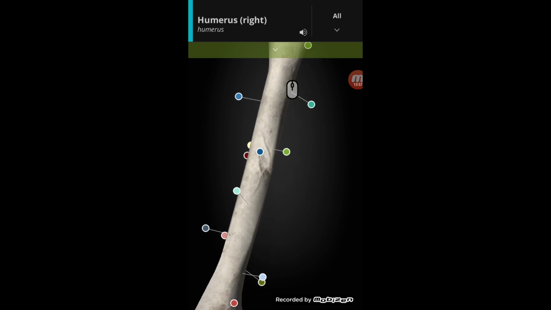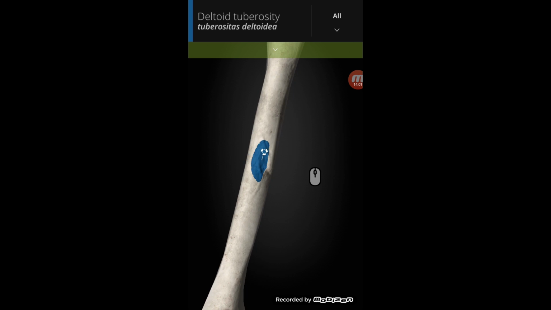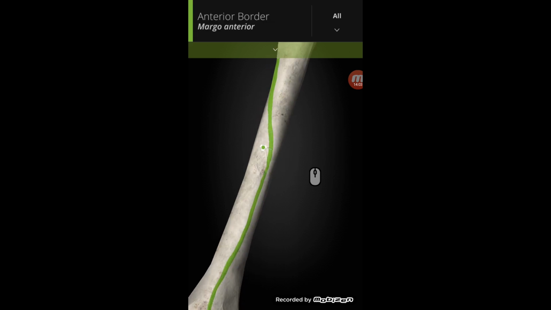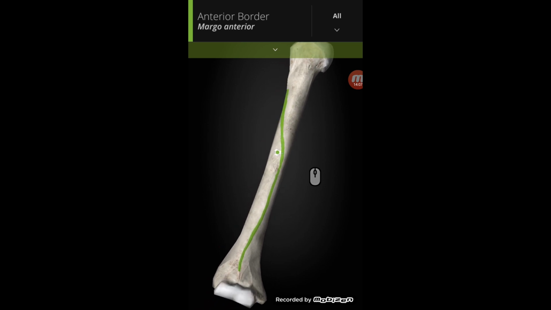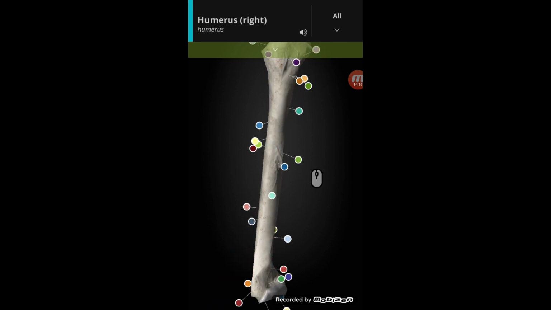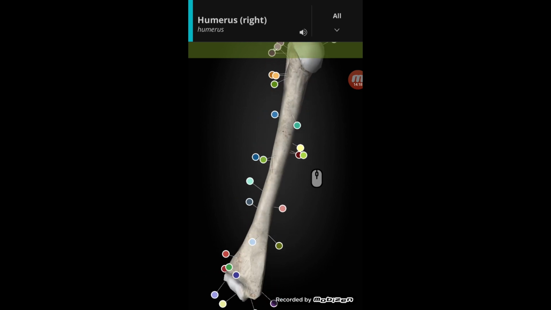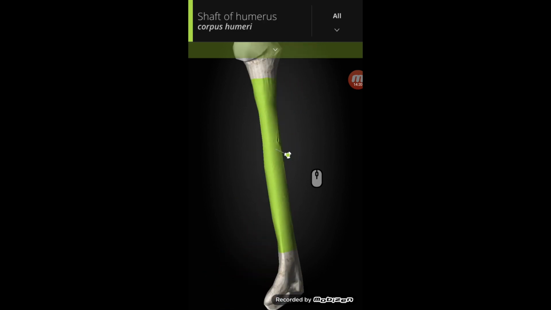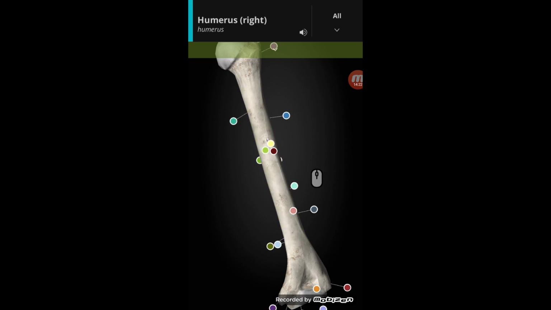Here is the deltoid tuberosity and you can see the impression. This is the anterior border, which divides the anterior surface into two parts, the anteromedial and the anterolateral. This is simple. And here we have the anterolateral surface, and this is the shaft of the humerus.